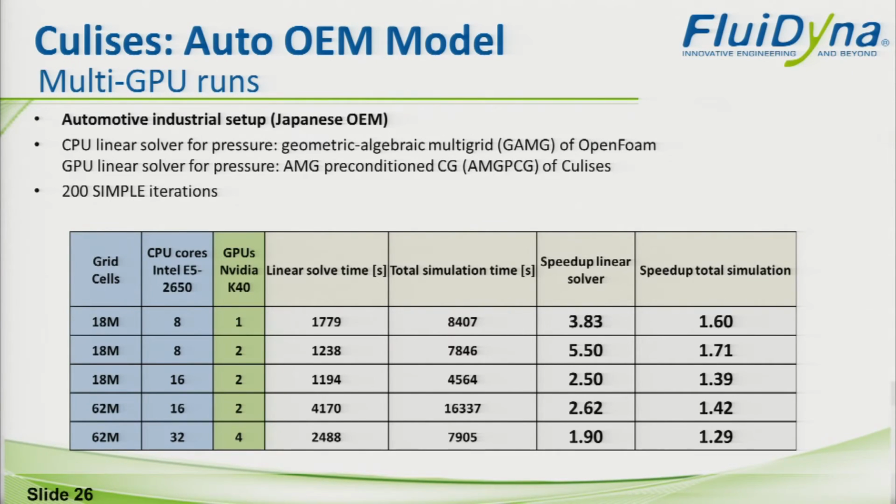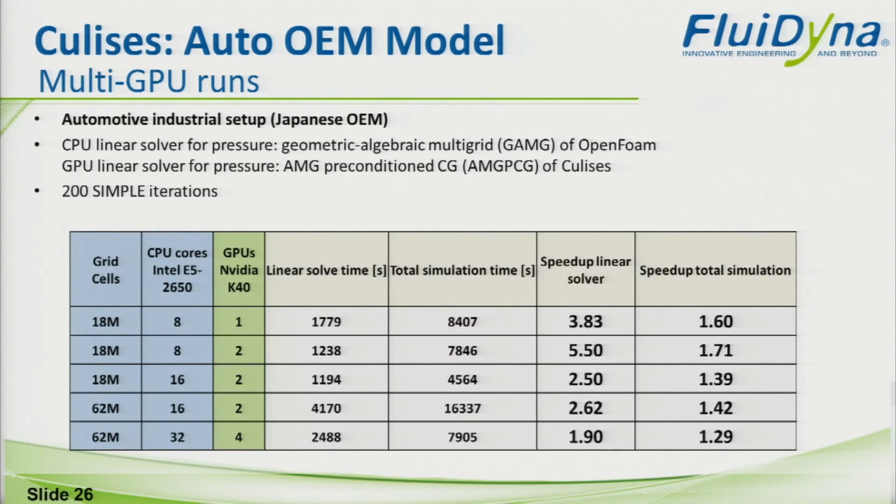So you can easily see that the linear solver is about half of the total simulation. 50% of the time is spent on the linear solver, but the other 50% is spent on other areas. And when we added one more GPU to the 8 cores, the linear solver speedup went from 3.8 to 5.5, and the total simulation performance also improved from 1.6 to 1.7.